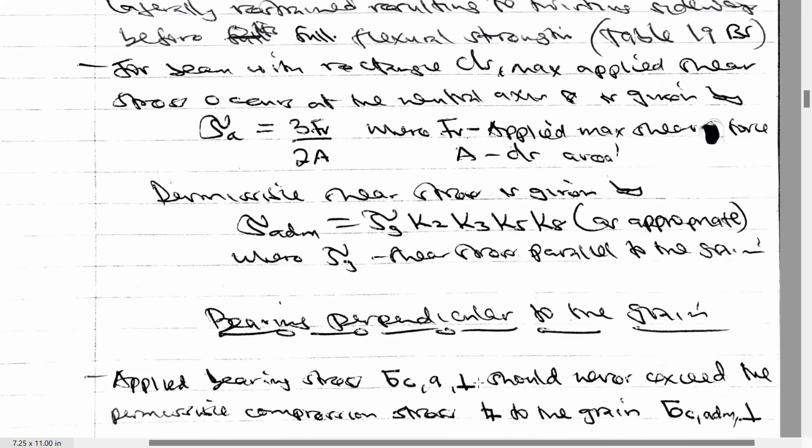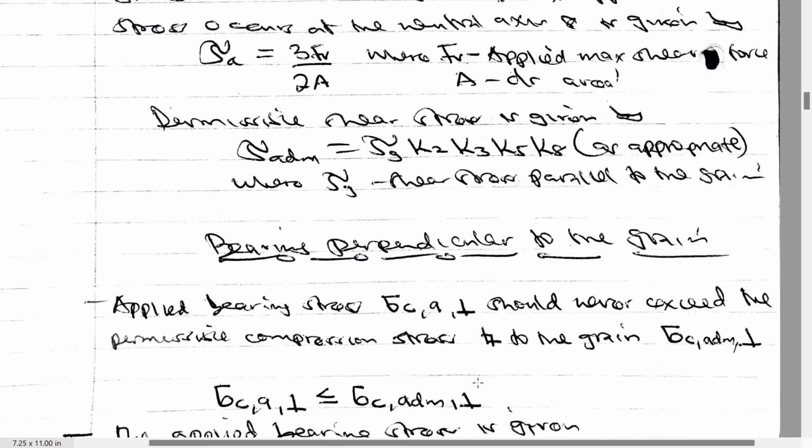Then you go to bearing perpendicular to the grain. The applied bearing stress perpendicular to the grain should never exceed the permissible compression stress perpendicular to the grain. Applied we write as CA, and permissible we write as ADM, because applied comes from the external load, while permissible comes from the internal capability of our section.